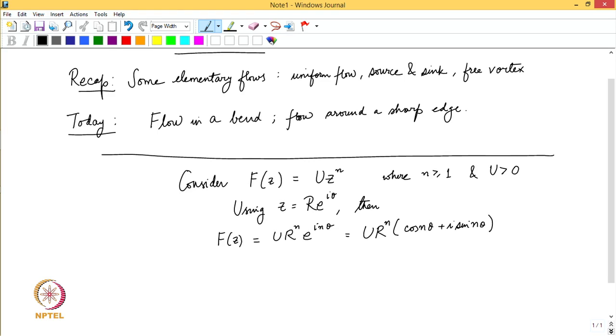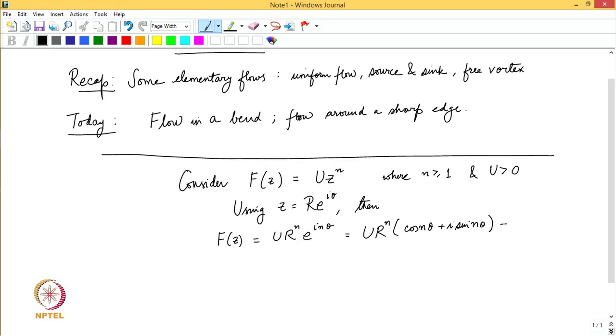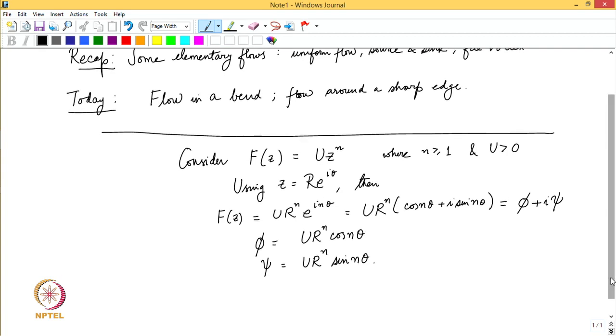So, the first thing I want to do is to derive the form of the velocity potential and the stream function. I could write this f of z as phi plus i psi, and so if we compare the real and imaginary parts, phi becomes u r^n cosine n theta, psi becomes u r^n sine n theta. So far this is easy to do, and I hope that this is clear until this point.